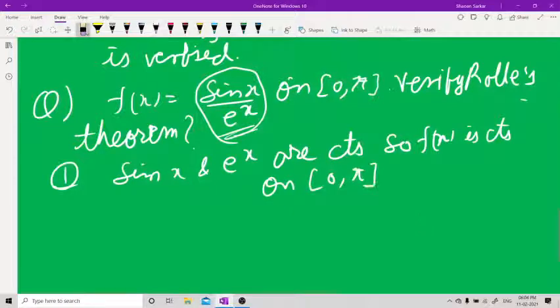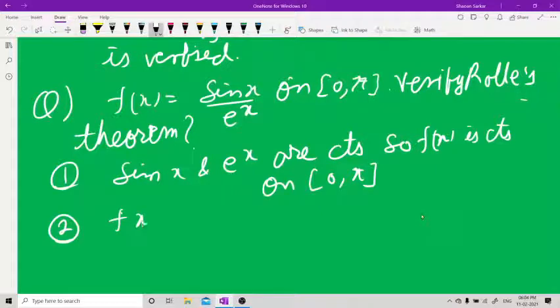Now, second, both these functions are differentiable. So f(x) is sin x upon e to the power of x.